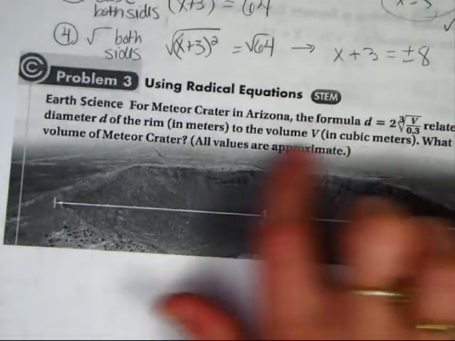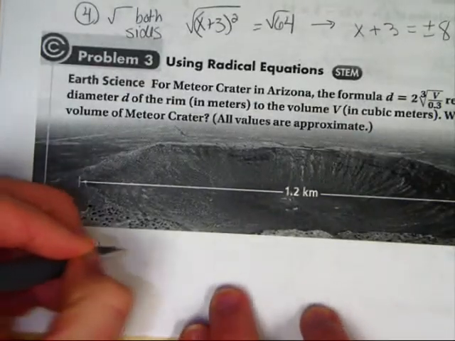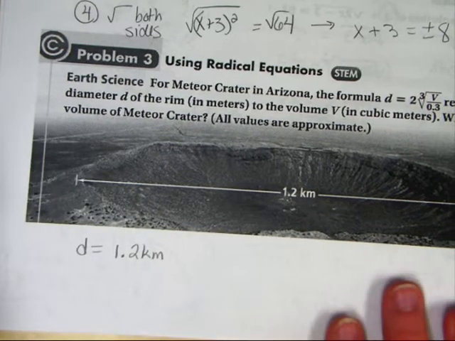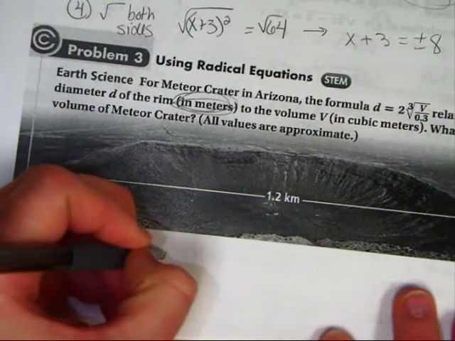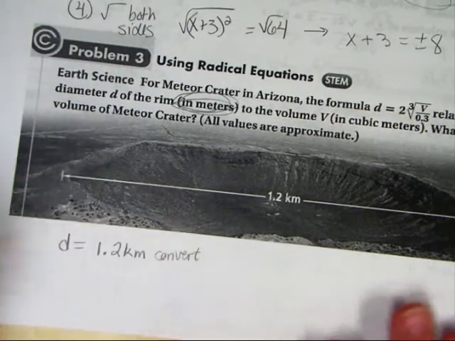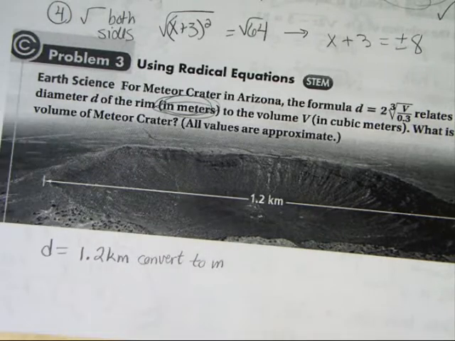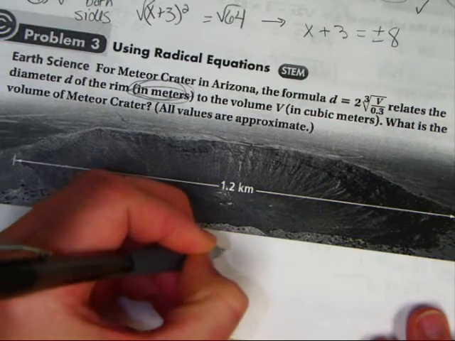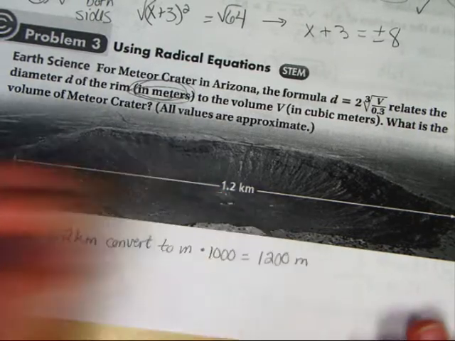So we have this crater that was made, and you have the entire circle, and they're telling us that the diameter of your circle is 1.2 kilometers. But this problem is in meters, so we have to convert by multiplying that by 1,000, so we can convert it to meters. So times 1,000 equals 1,200 meters. That's the first step.